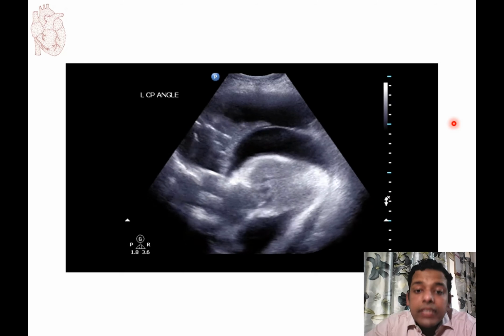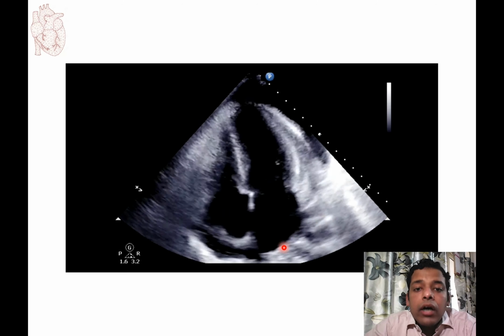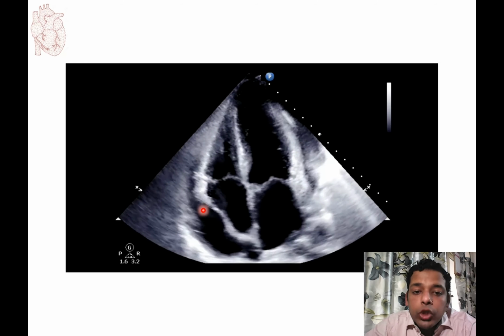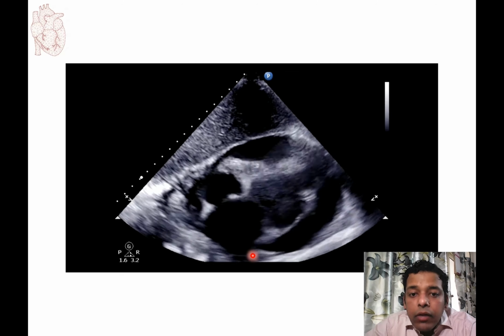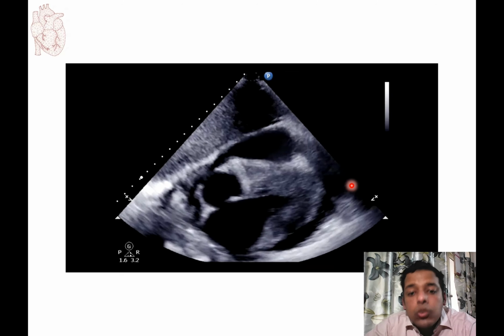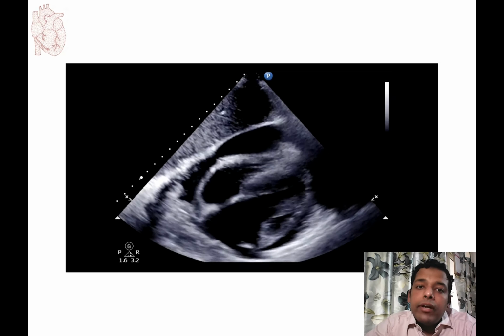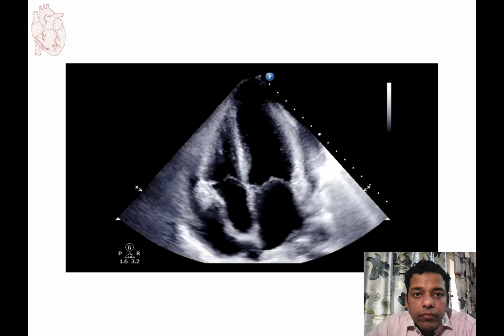In this echo, we see a very large pericardial effusion, and we see the heart is swinging in this fluid-filled cavity. The echocardiographic findings can also suggest the presence of hemodynamic abnormalities in patients with cardiac tamponade.